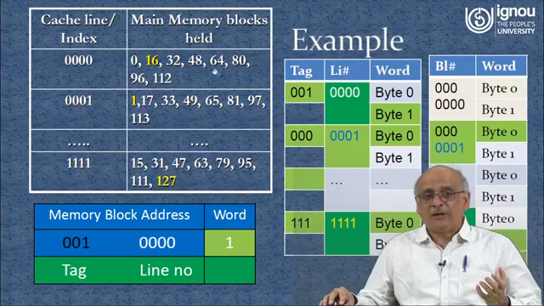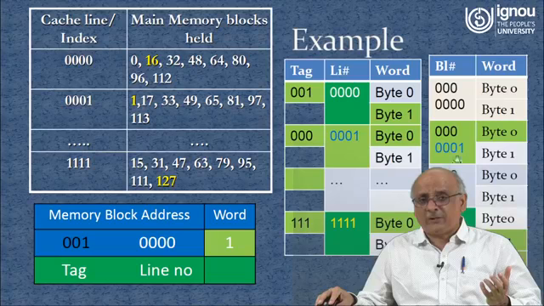It means main memory location 32, which will be somewhere down here, will be brought into the cache and then supplied to the CPU. And why is it brought to the cache? Because once again, principle of locality: if you referred to location 32, probably in the near future you might be referring to that location once again. So it is brought into the cache and then supplied.